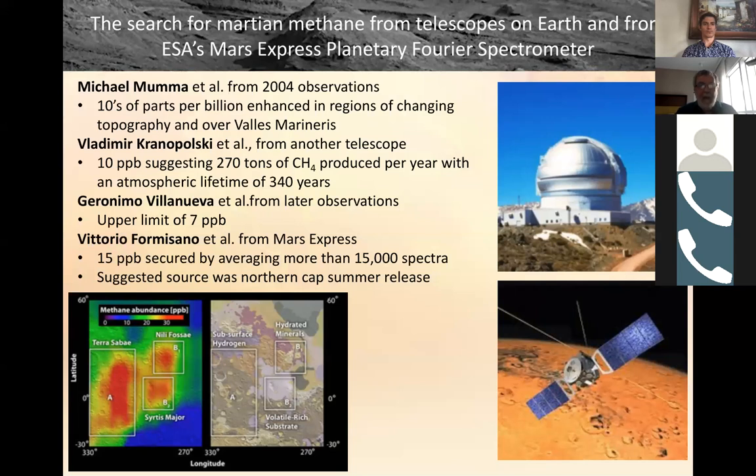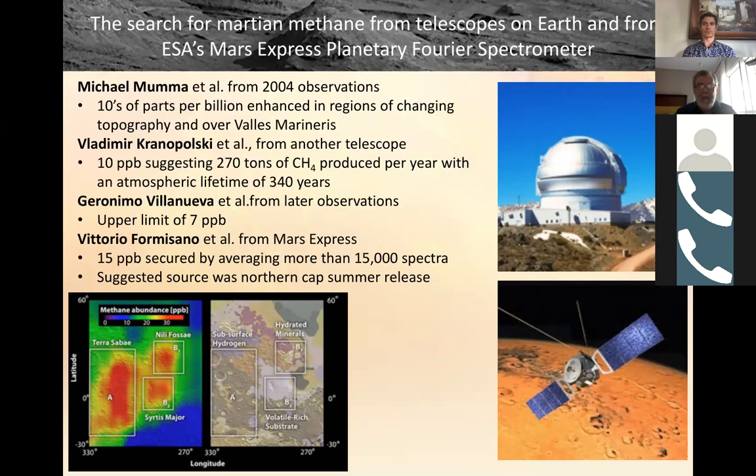And then there's an orbiter called Mars Express, and by averaging many, many spectra, one report basically looking at the polar region, they averaged 15,000 spectra, lots and lots of spectra, and saw a signal that they thought was, again, very low amounts of methane, 15 parts per billion.